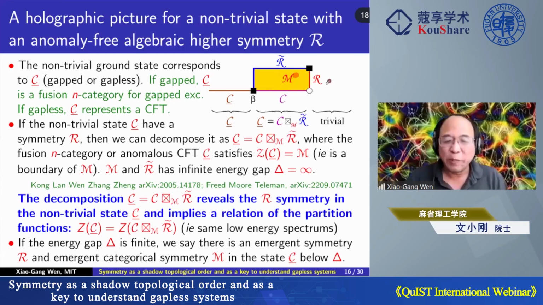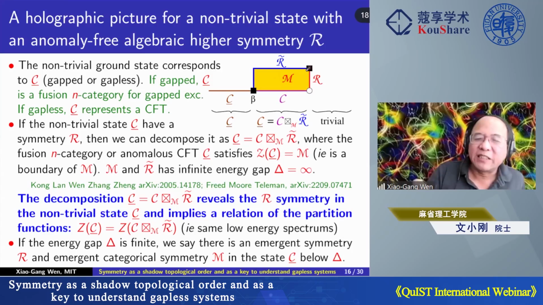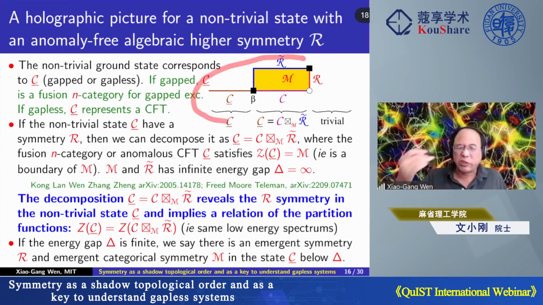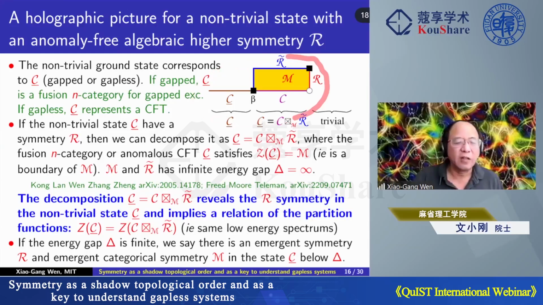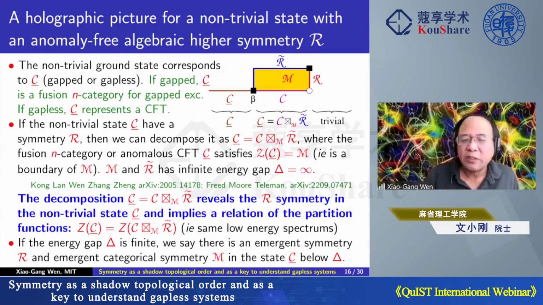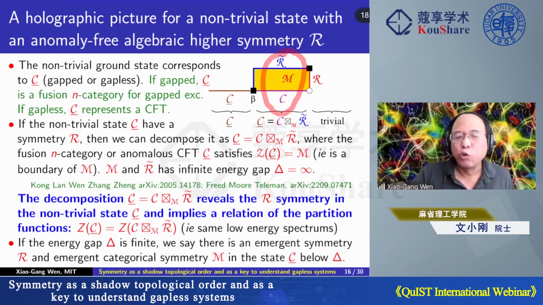Yeah. So maybe this is a central message here. The central message is this holographic way to see symmetry or no symmetry. The most important thing is that this composite system reproduces the low energy extensions.